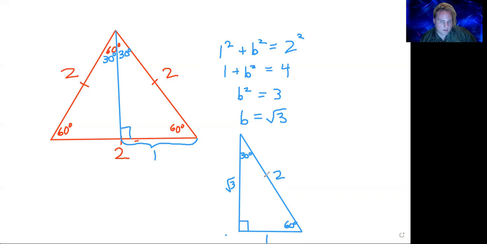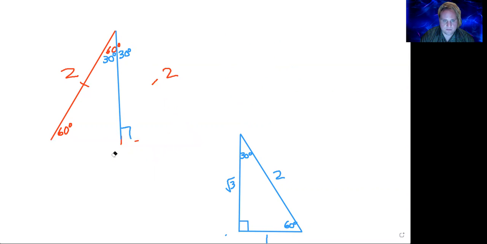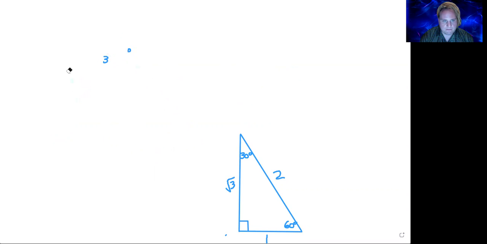And I'm usually a fan of formulas, but sometimes it helps us look at these in just words. So we're going to see the relationship between these things with words. We're going to base everything on the short leg. So we could say that the hypotenuse is twice the short leg.